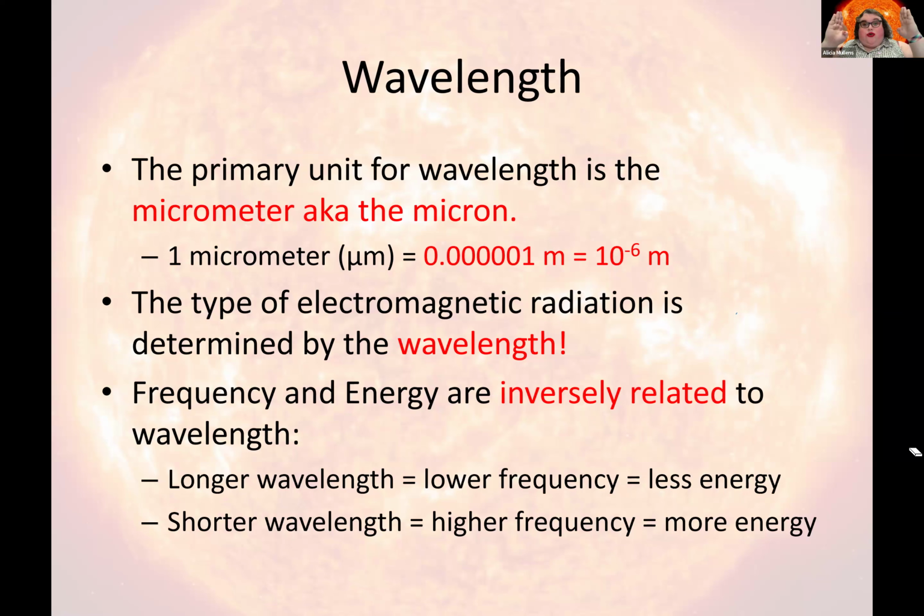Hence, you don't get a really good signal. However, if we were to shorten it a little bit, we get into FM radio waves. FM radio waves are a little bit shorter. They have a higher frequency, they're more energetic. You get a better signal. Now let's go even shorter. Now you're in television waves. These waves have enough energy that they actually can give you sound and a picture.